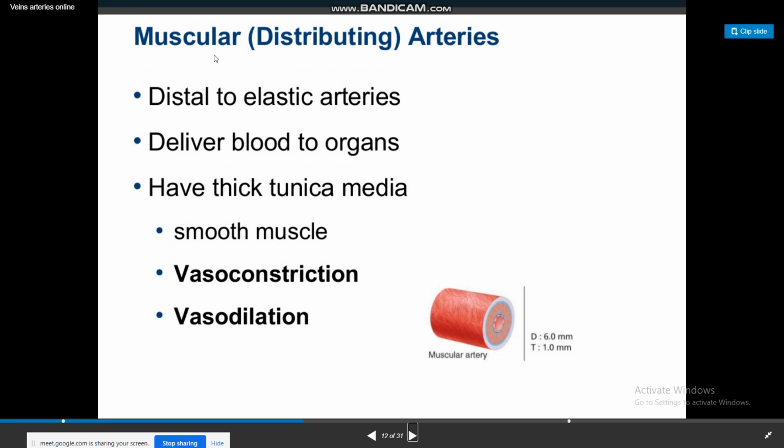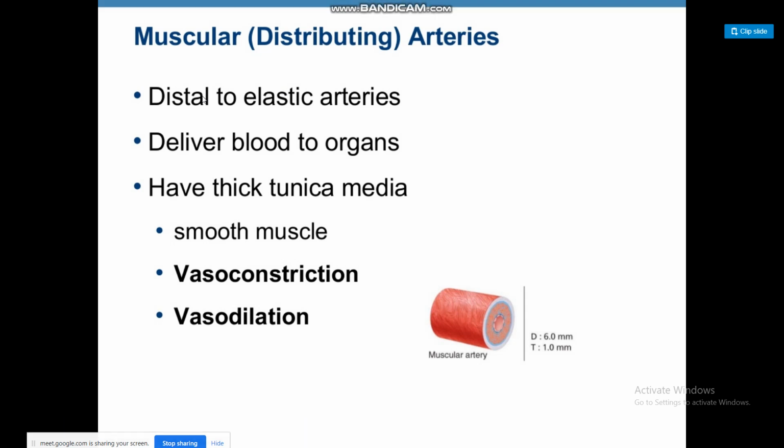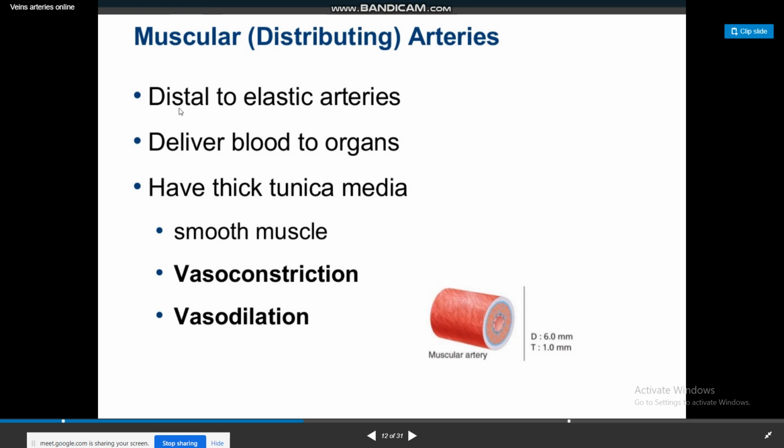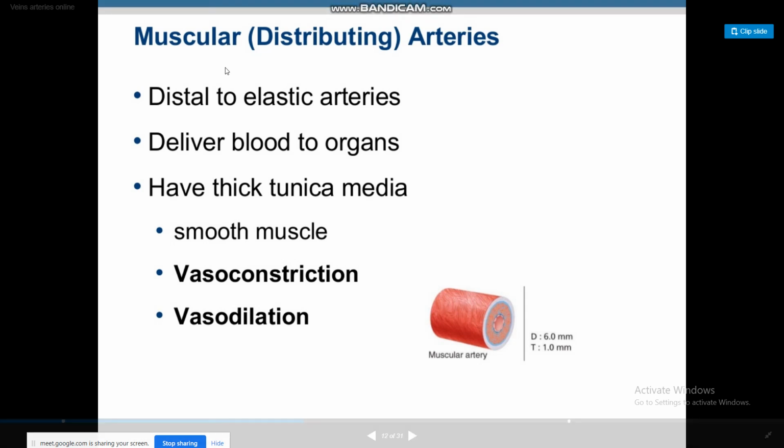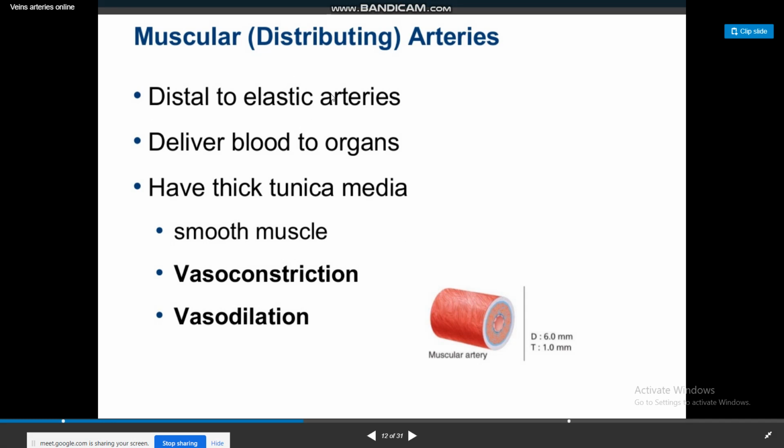Muscular or distributing arteries are distal to the elastic ones and are not as elastic as elastic arteries, but a little bit of elasticity is still there. The main function of muscular or distributing arteries is to deliver blood to the different organs.